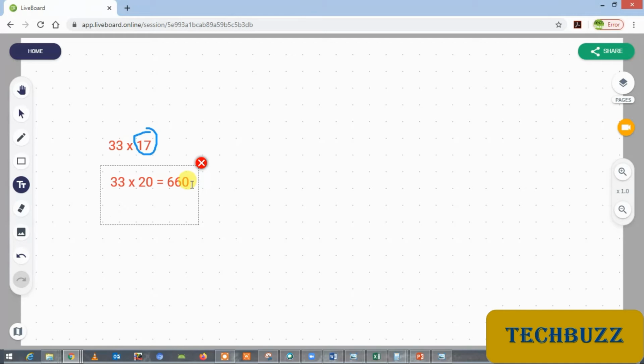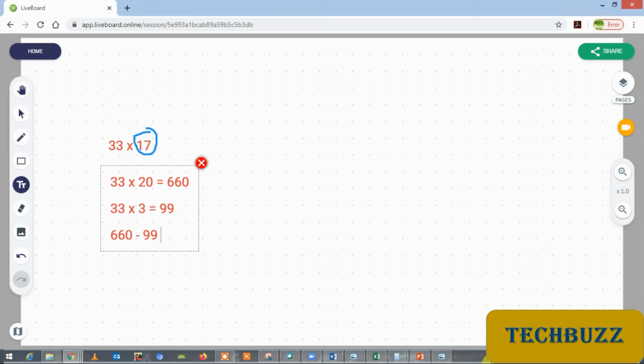33 multiplied by 3 is 99. We were supposed to multiply 33 by 17, but we have multiplied 33 by 20. So we will reduce by this, 660 minus 99. Now apply the same trick. It's 99, it's a little bit difficult.